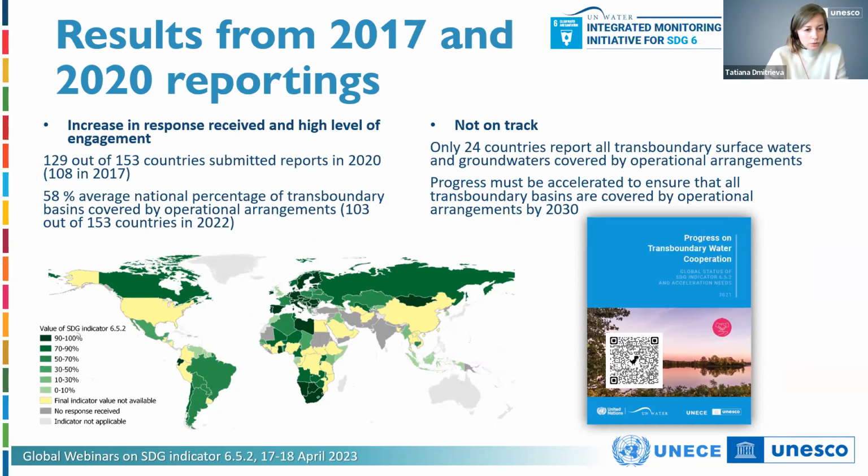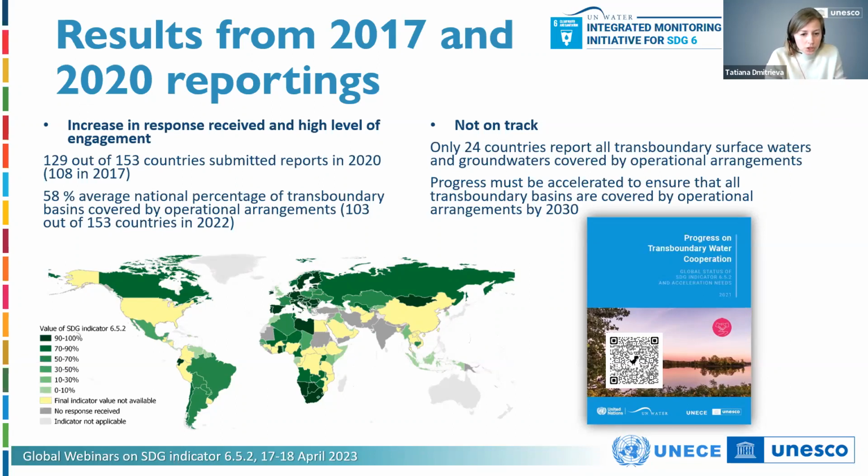These numbers also show that the world is not on track to achieve transboundary water cooperation by 2030. There are only 24 countries that reported all transboundary surface water and groundwater covered by operational arrangements. The progress should be accelerated by 4 to ensure that all transboundary basins are covered by operational arrangements by 2030. As you can see on the map with more detailed information, Asia and Latin America and the Caribbean are the regions where most progress should be made in the years before 2030.